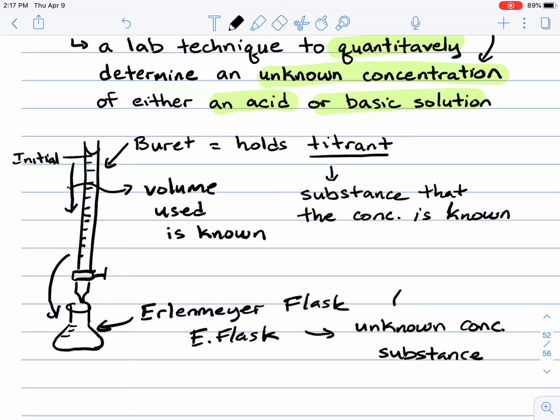Since this is the substance that you're analyzing, this is known as the analyte. I'm going to be using these two terms consistently throughout this video and the next few videos that cover titration curves: titrant and analyte. The titrant is inside the burette and the analyte is inside the Erlenmeyer flask.